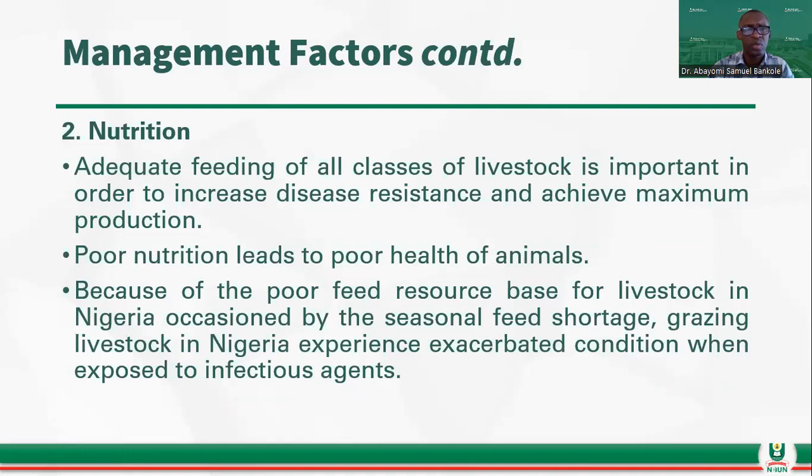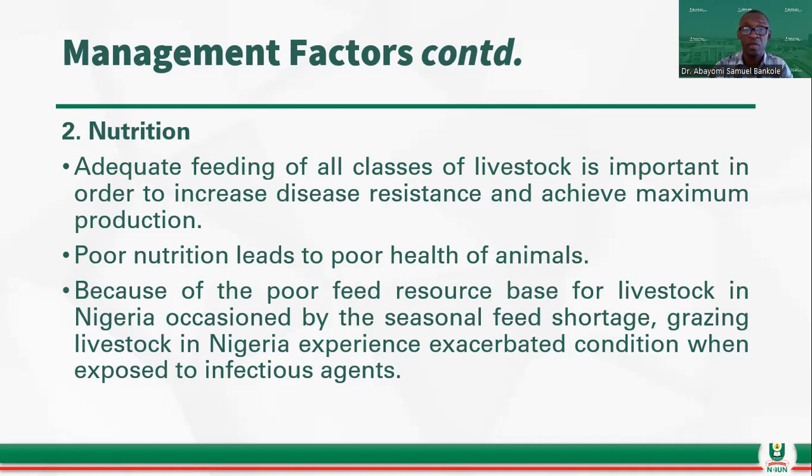So we'll go straight to the second management factor, which is nutrition. Now, adequate feeding of all classes of livestock is important in order to increase disease resistance and achieve maximum production. Poor nutrition leads to poor health of animals. Of course, that goes without saying.